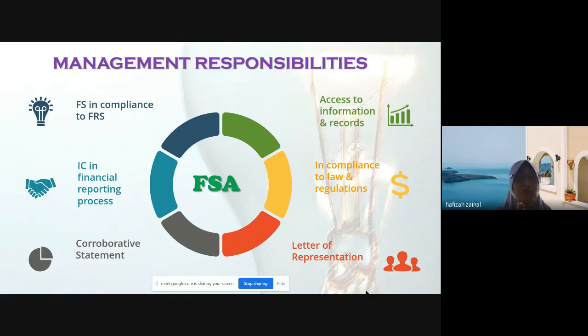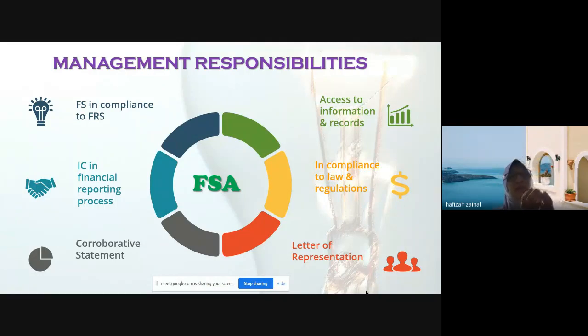Okay, so to ensure that the financial statement is prepared in accordance with the financial reporting standards, it is the responsibility of the preparer, which is the accountant.